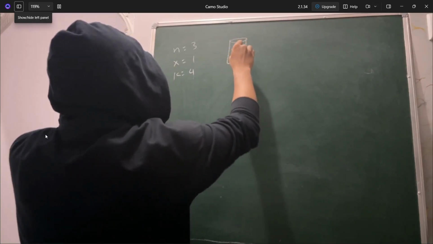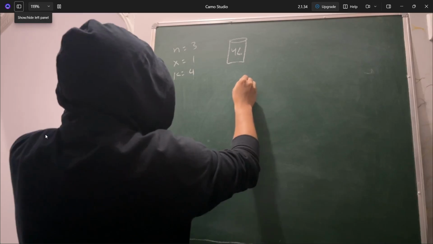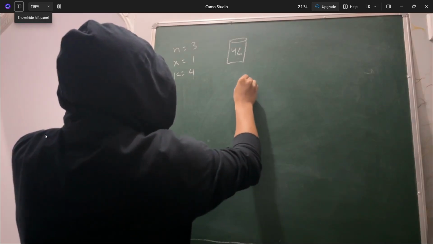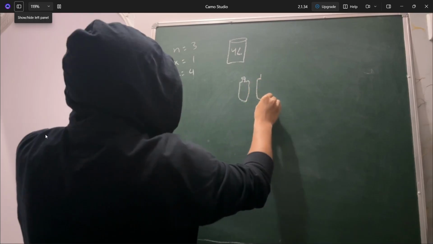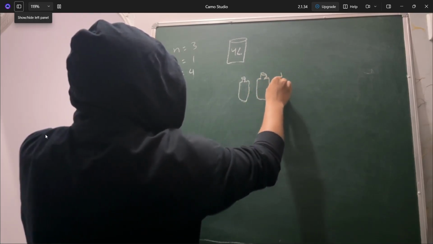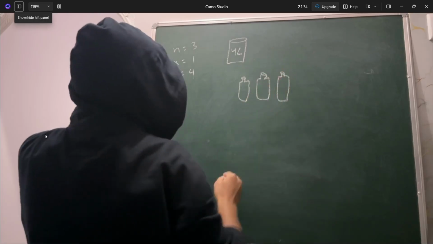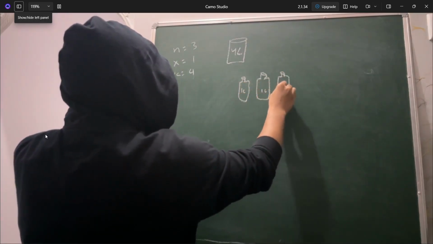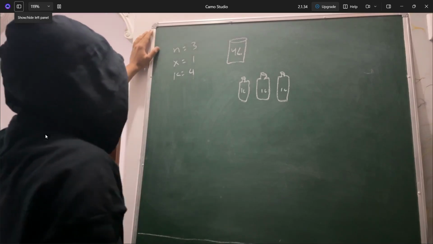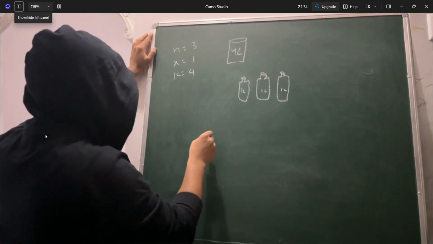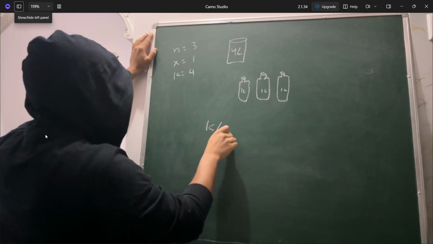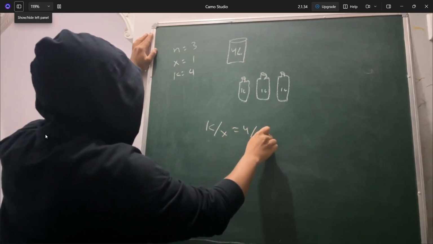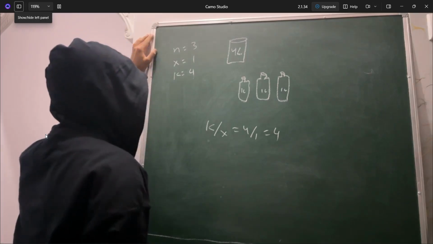This is a tank which has 4 liters of water, and we have bottles. So its capacity is 1 liter. Now, if you try k by x, this will give you 4 by 1, which is 4. But ideally this is not the correct answer.